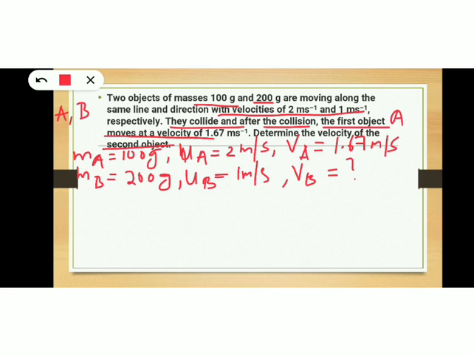Again, law of conservation of momentum. And what is law of conservation of momentum? Total momentum before collision is equal to total momentum after collision. So what is total momentum before collision? That is the initial momentum.